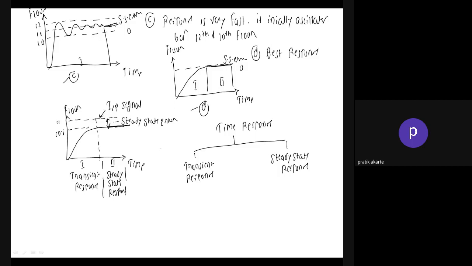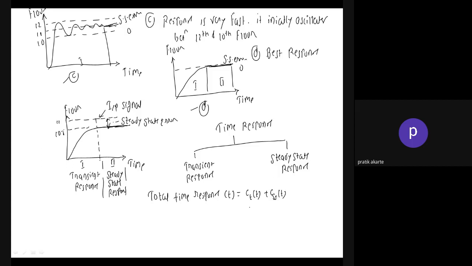So we can sum up over here that the total time response for a control system is c of t, which is equal to the transient response, which I denote as c_t of t, a function of time obviously, plus the steady state response, which is also a function of time but remains more or less constant.